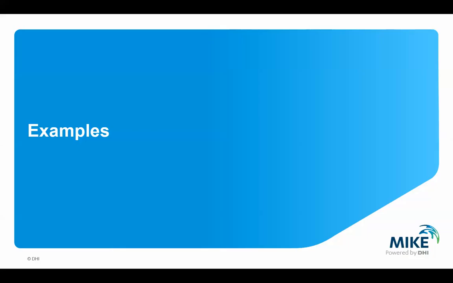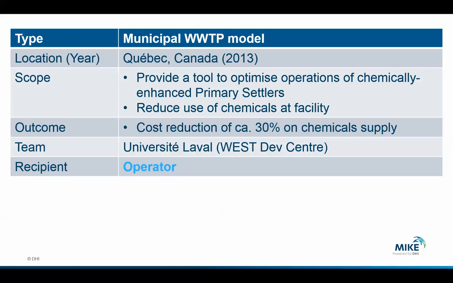Right, so let's take a look at some case studies. First case study has got to do with the implementation of a custom model, where by custom model, I mean a model that is not available in the standard Waste library, a model in this case for a chemically enhanced primary settling tank.